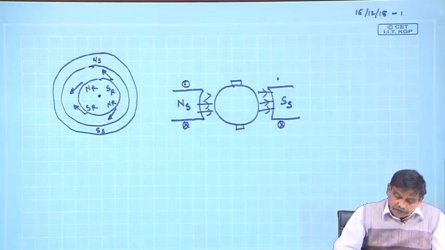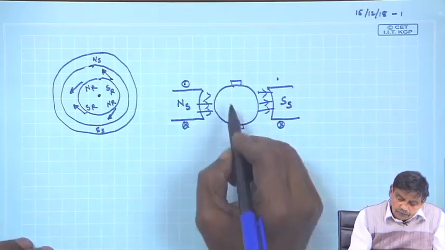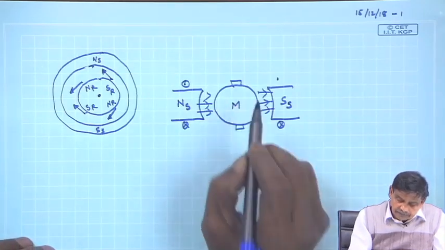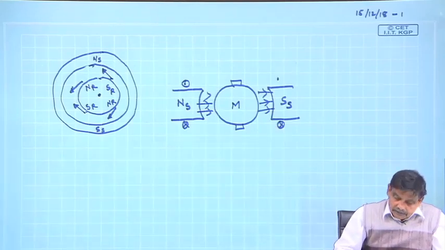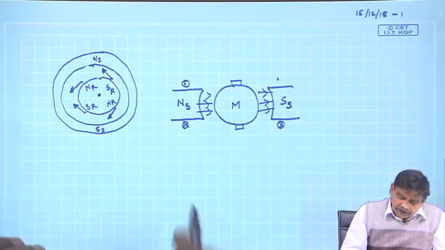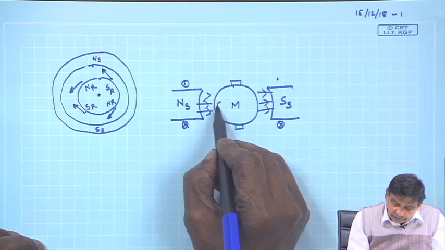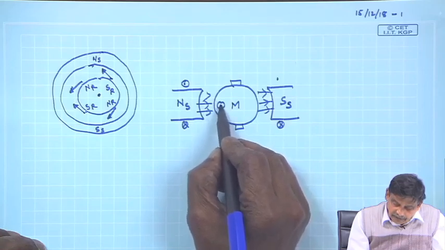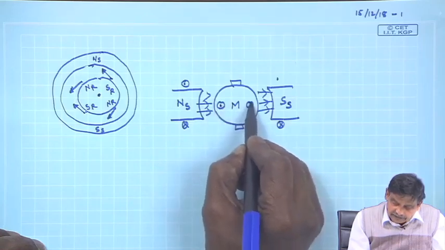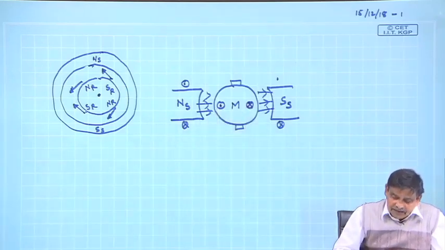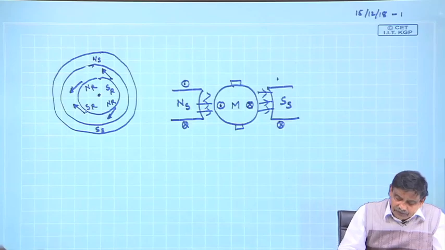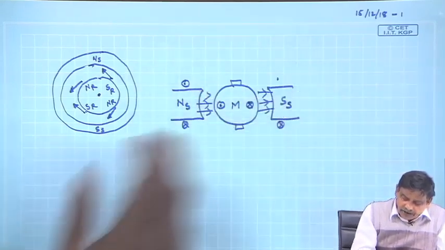Now, suppose I want motor operation, then I pass some current. Suppose the armature current is in this direction, cross and dot. How many poles will this armature coil produce?